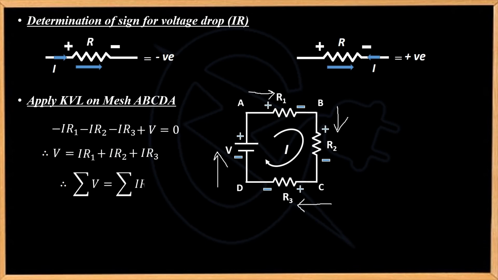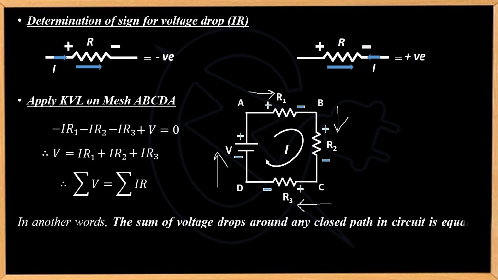So we can say that sigma V is equal to sigma IR, which means voltage rise is equal to voltage drop. In another word, the sum of voltage drops around any closed path is equal to the sum of voltage rises in that closed path.